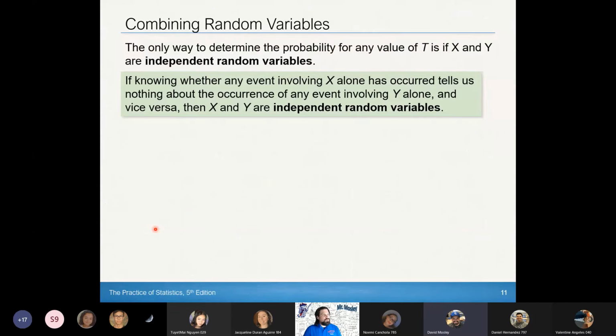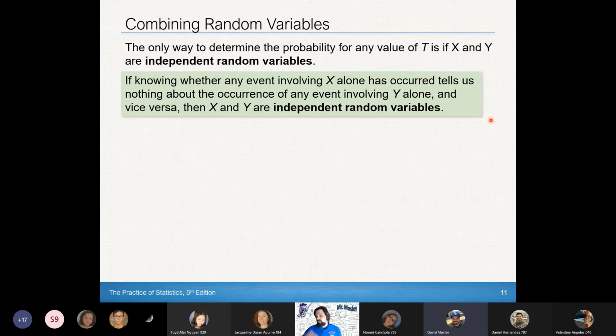The only way to determine the probability for any value of t is if x and y are independent random variables. If they're not independent, then I can't determine the probabilities. It just won't work out. If knowing whether an event involving x alone has occurred tells us nothing about the occurrence of any event involving y alone, and vice versa, then x and y are independent random variables.